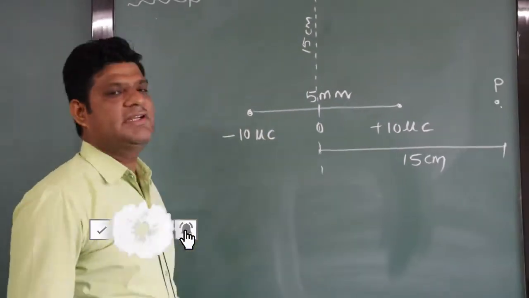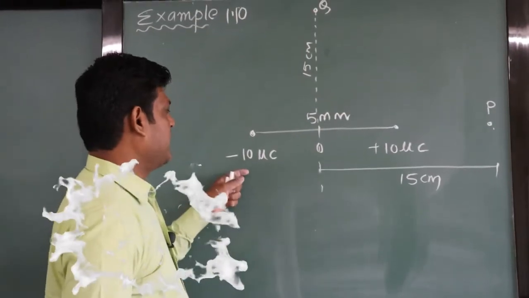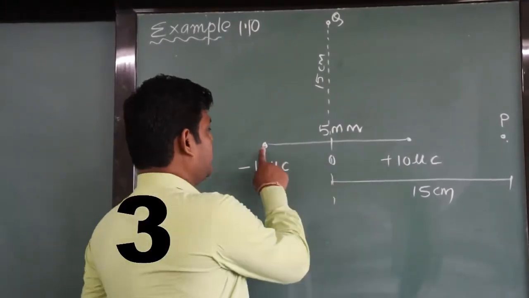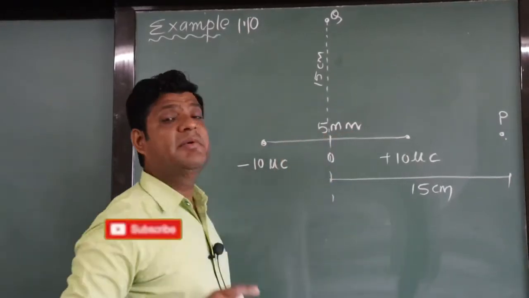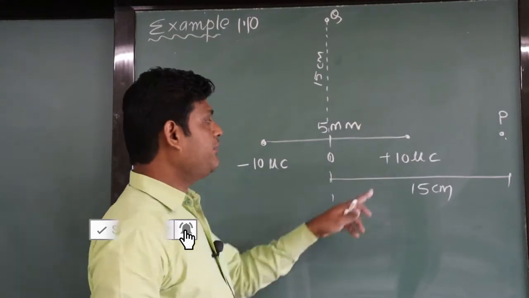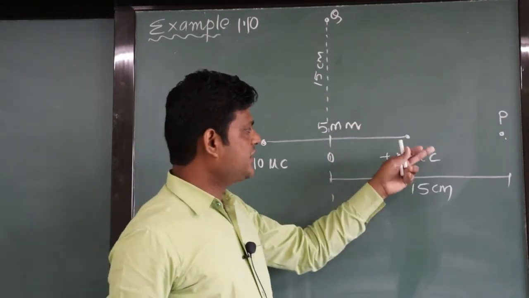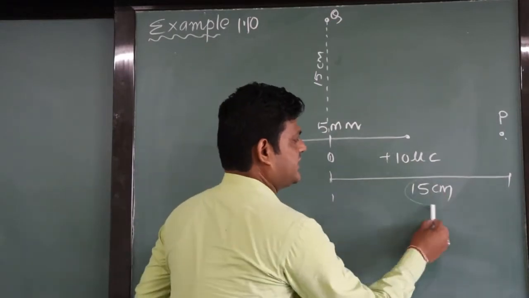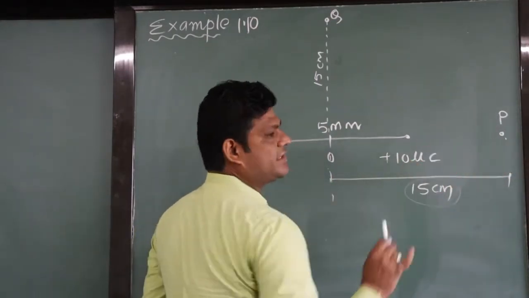See what is given in that example. There are two charged particles, one is minus and the other is plus. They are separated by 5 mm distance, right. Near the plus q charge, at 15 centimeter from the center, the point is kept.